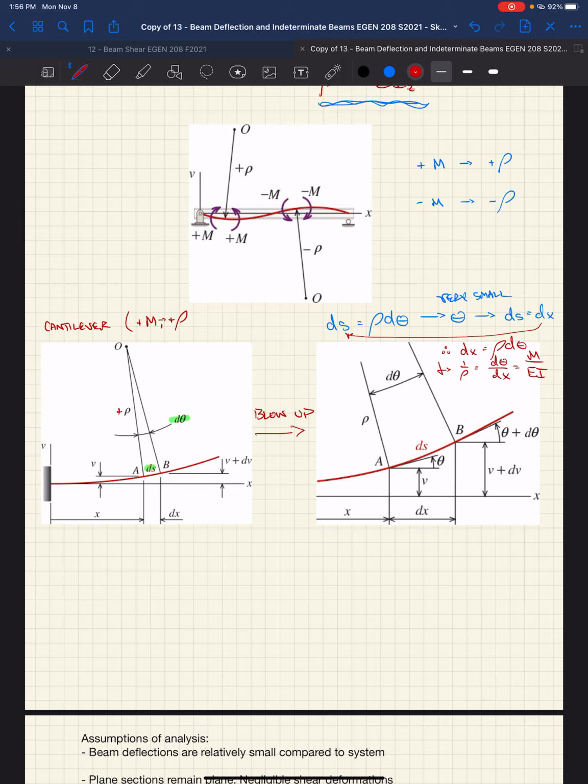So if we start looking at rise over the run, essentially the slope as we go across this length of dx.